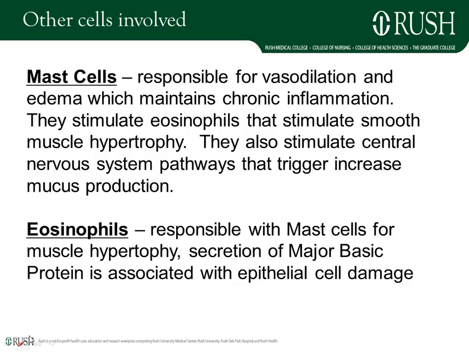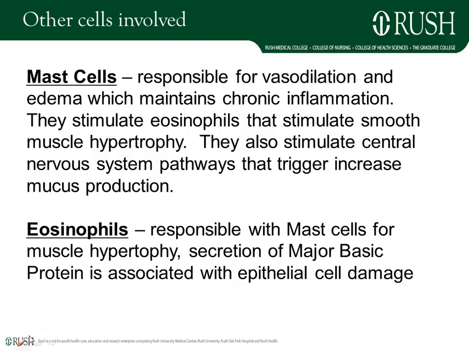Other cells are involved in that process. As I mentioned, mast cells previously. They're responsible for vasodilation and edema of that underlying connective tissue, and that really builds up the chronic inflammatory response. They stimulate eosinophils, and the eosinophils in turn stimulate the smooth muscle hypertrophy.